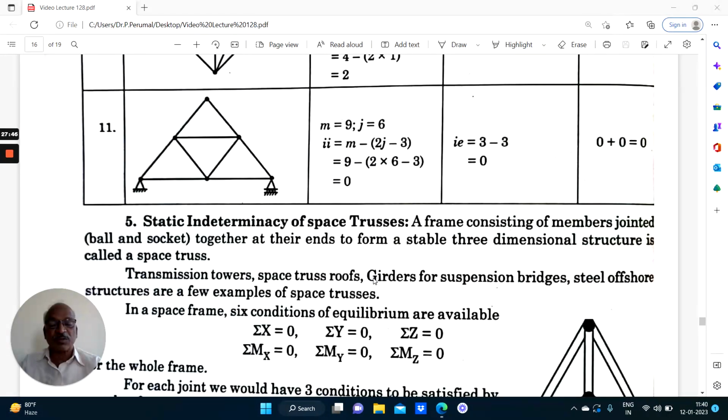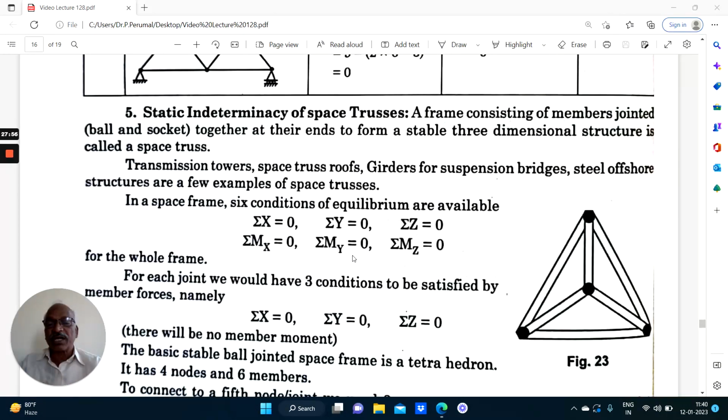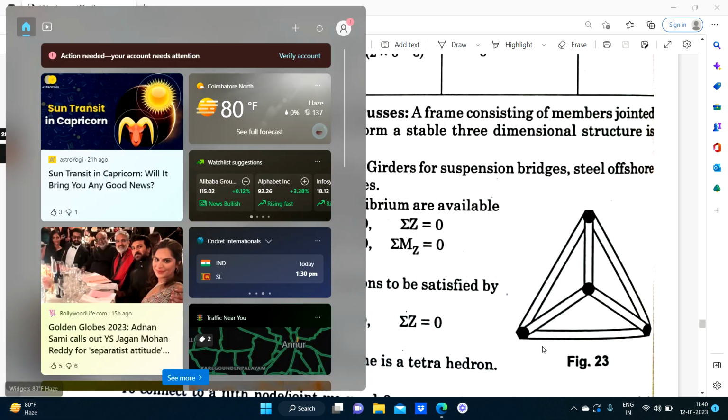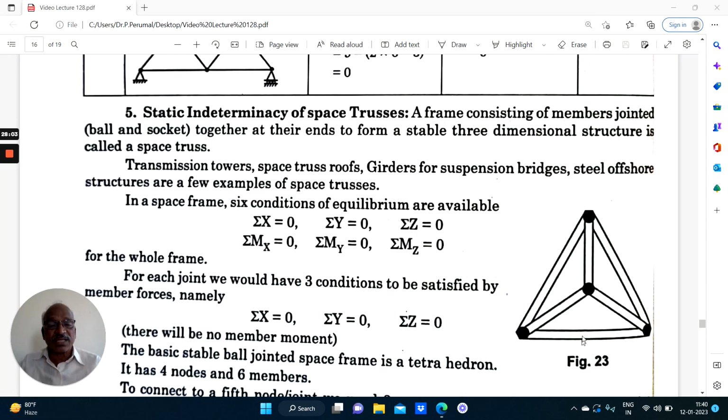So that is about finding out the degree of static indeterminacy, both external as well as internal, in the case of two-dimensional trusses. Now coming to space trusses, of course we will not discuss elaborately, we will just introduce. Now in the case of three-dimensional trusses, here it consists of 4 joints.